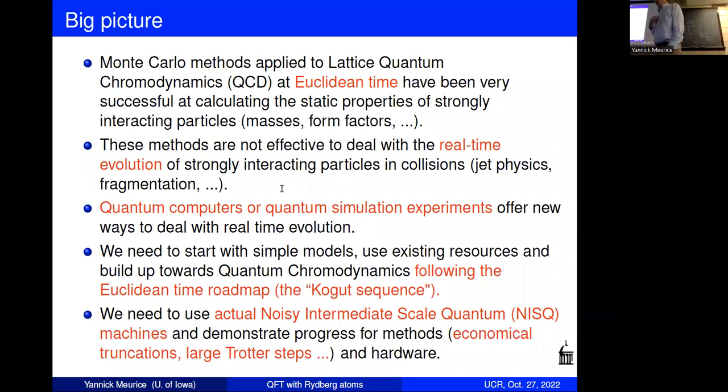And now we cannot start with QCD, and people who did lattice gauge theory didn't start with QCD. So there is a kind of a roadmap, and we go through a certain number of models that have an increasing dimensionality and symmetry, and I call this the Kogut sequence.